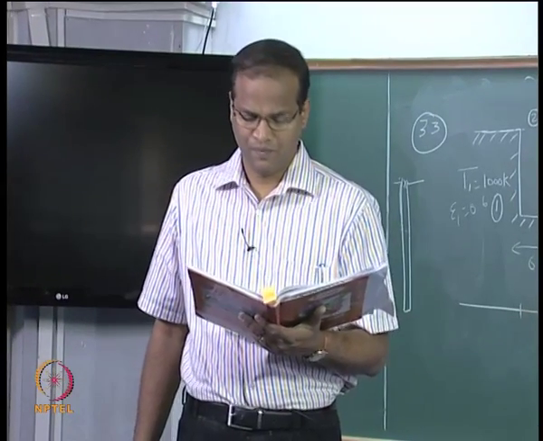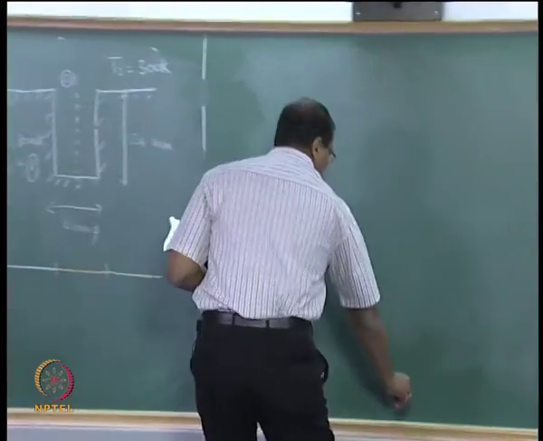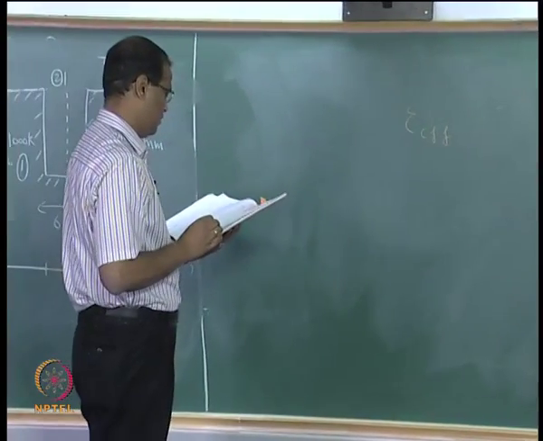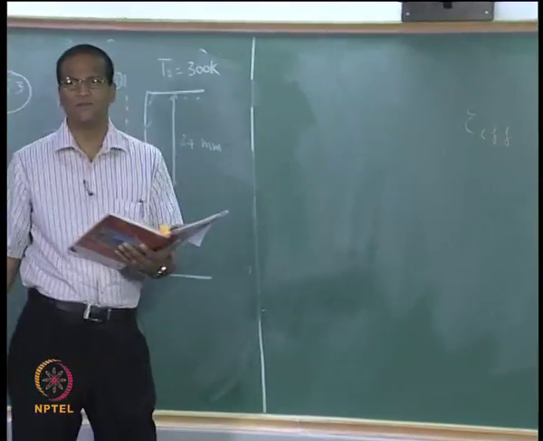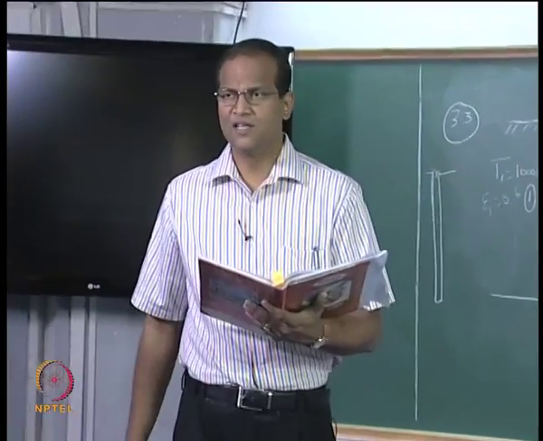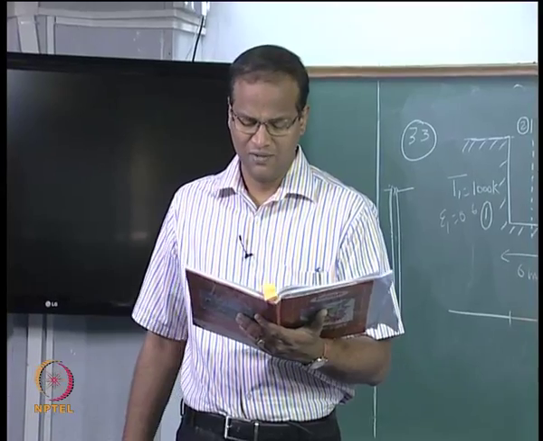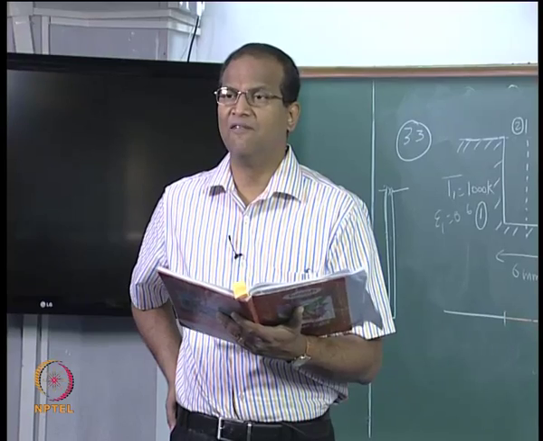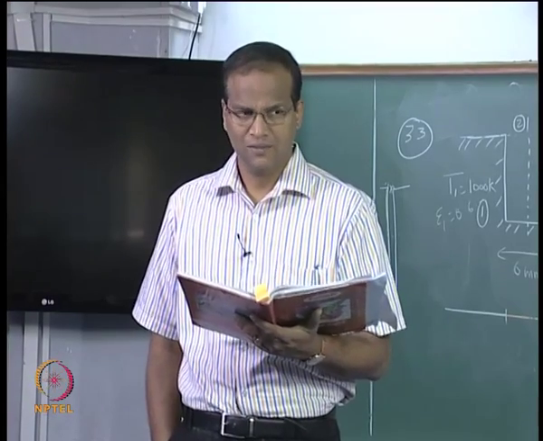B. The effective emissivity, epsilon EFF, of a cavity is defined as, I am giving you the definition, the ratio of the radiant heat transfer from the cavity, that is what you calculated in part A, correct?